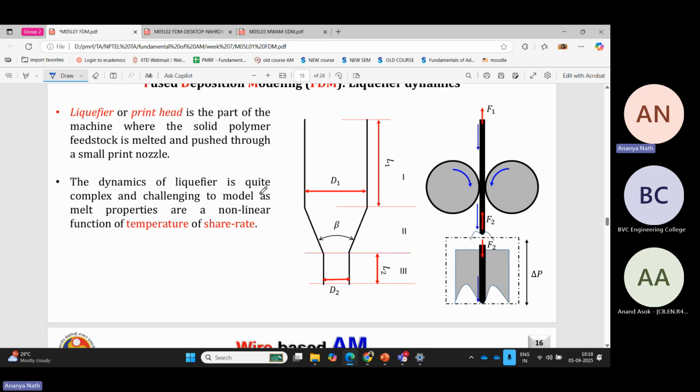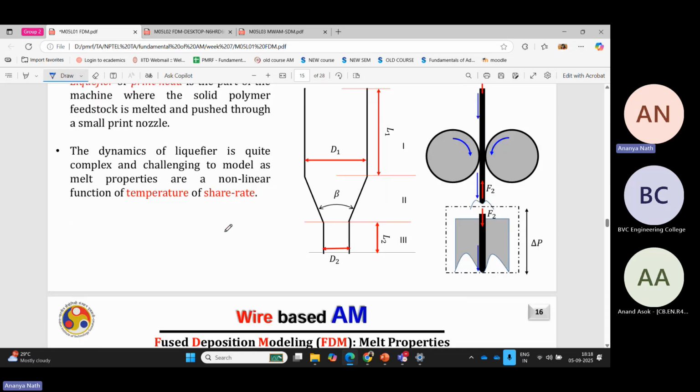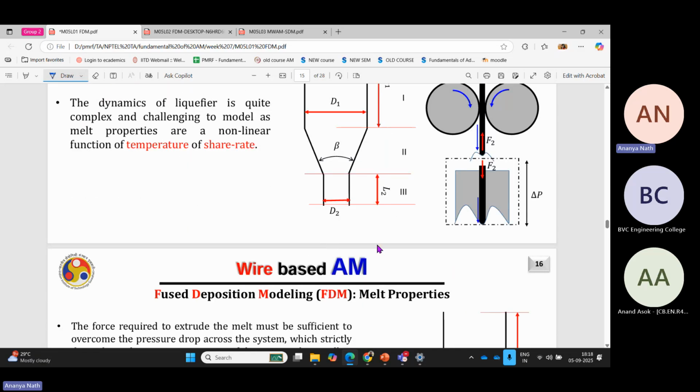The dynamics of liquefier is quite complex and challenging to model as melt properties are a non-linear function of temperature and shear rate. So as you're pressing the wire, you are heating the wire, you are melting the wire. At the same time, you're also releasing the wire from the pinch roller, and the wire is getting some feed rate, the wire is getting some printing speed also.